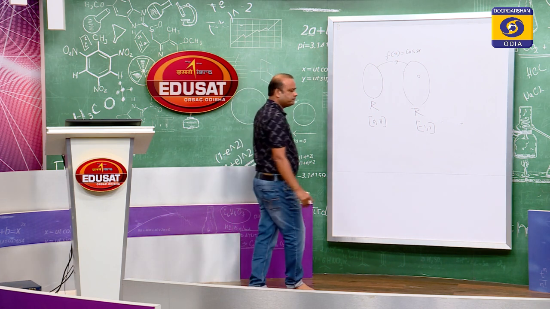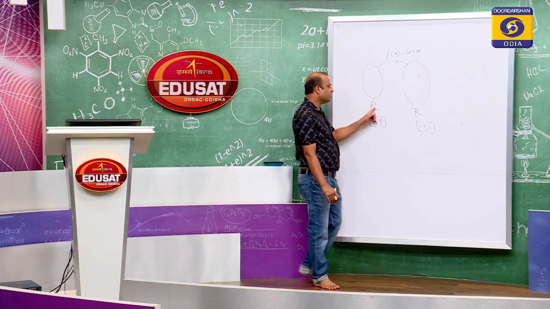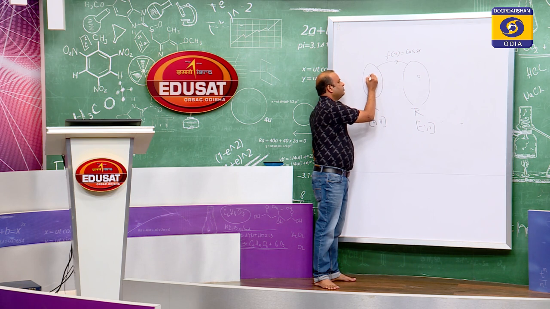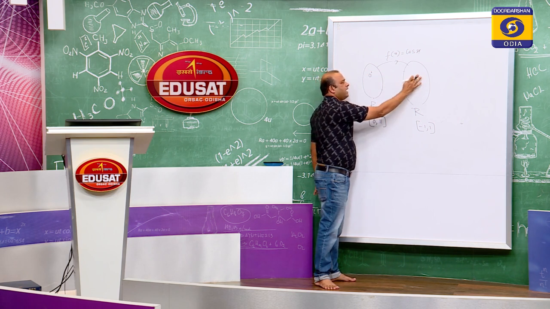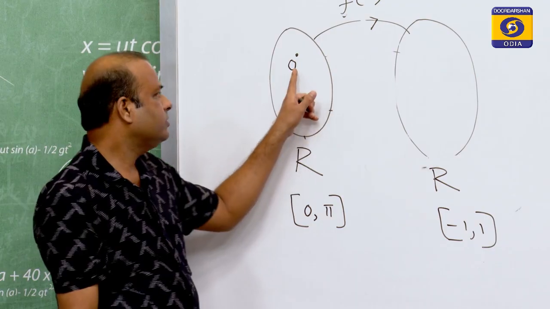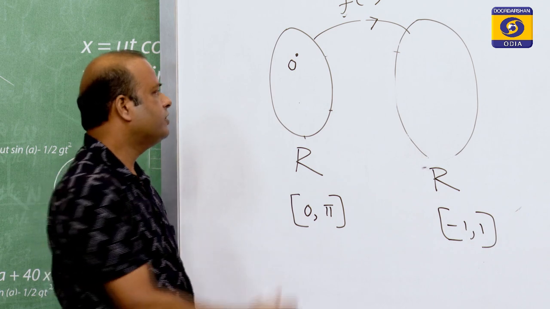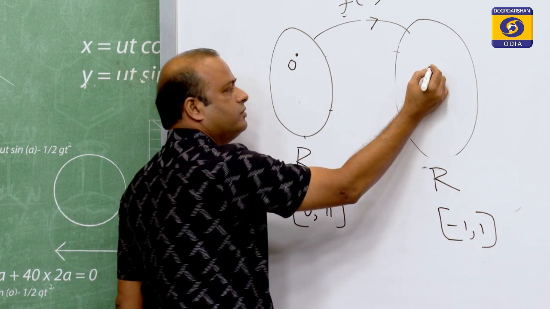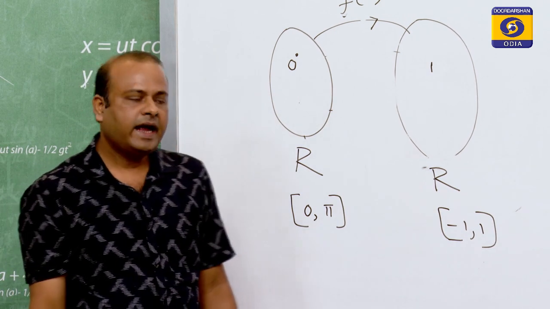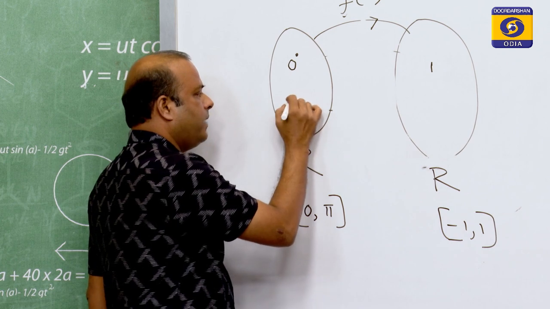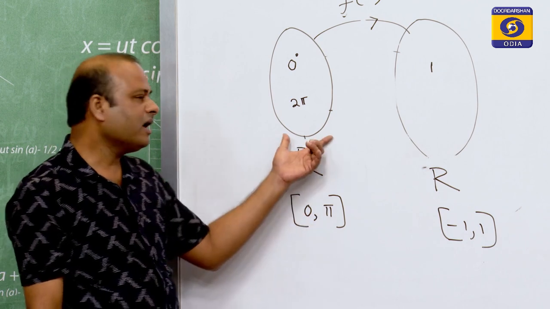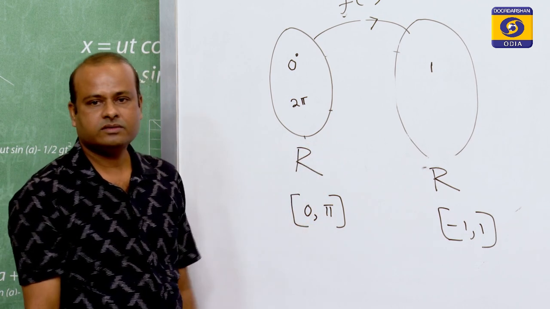Here you can see, suppose in case of R to R, take a point 0. Point means I am talking about the angles. So, take the angle 0 degree. For 0 degree the value is 1, and for 2 pi it is also 1, because R contains all angles.